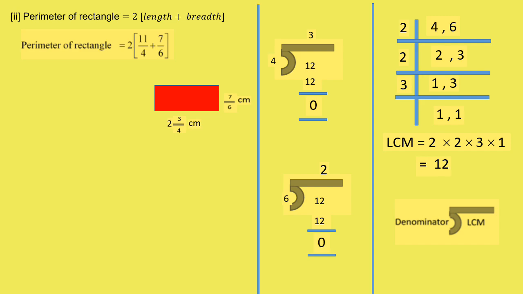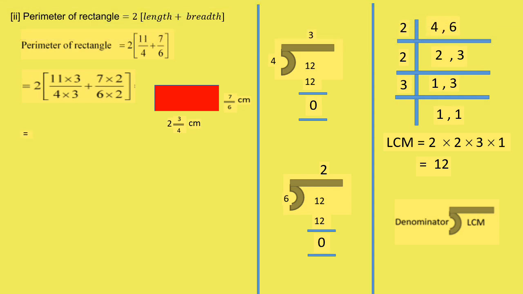I got a quotient 3 for 11 by 4 and the quotient 2 for 7 by 6. So now I'm going to write 2 into 11 by 4 into 3 by 3. I'm going to multiply the quotient with the numerator and denominator of the given fraction. So 7 by 6 into 2 by 2 like this.